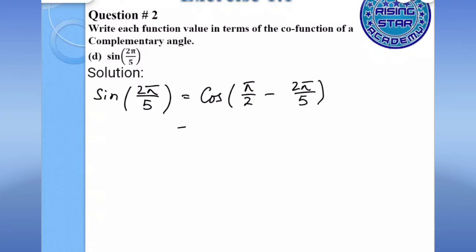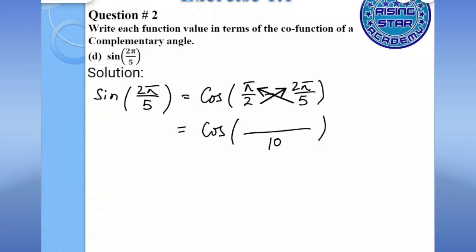Now we will take the LCM. In this case, both denominators have different values. So we will multiply 2 times 5 in the denominator, which would become 10. Now we will cross multiply like this: 5 into pi and 2 into 2 pi.